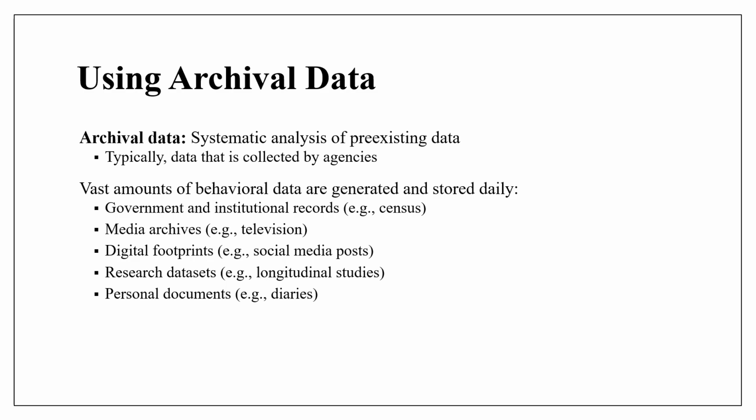We have media archives such as television. We have digital footprints such as social media posts. We have research data sets, which are potentially things like longitudinal studies. And then we have personal documents like diaries of people.